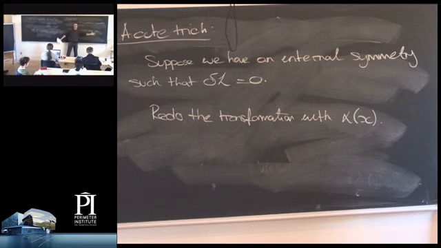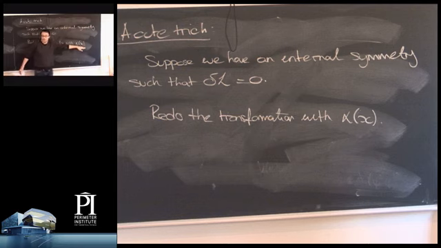Okay? What's going to happen? Well, this is no longer going to be a symmetry. And in general, delta L is going to change. But it's got to change in a way such that when alpha is constant, delta L is equal to 0. How can that be? Well, delta L must be proportional to the derivative of alpha.